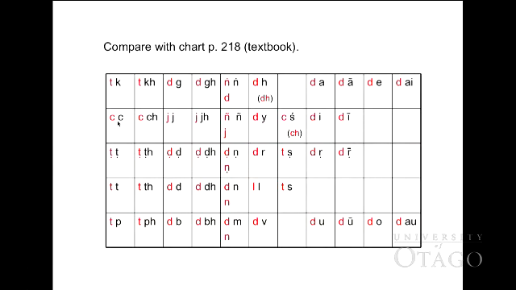T remains in this unvoiced group, but for the set c, j, ch, T changes to c like this. And in many rules here, we will divide them one by one. See from this chart.